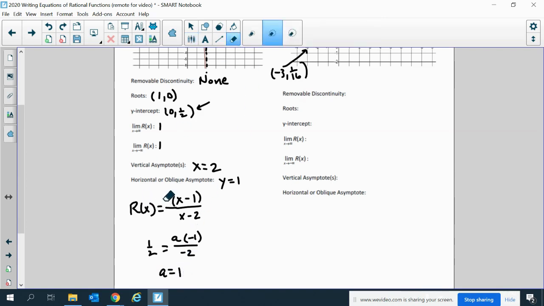If a equals 1, I don't really need to write it, and everything else seems to make sense. My horizontal asymptote would still be at y equals 1, and if I take the limit of this as it goes to infinity and negative infinity, I would get 1 because the powers of the numerator and denominator are the same, and the leading coefficients, 1 divided by 1, give 1. So the function that I want is x minus 1 over x minus 2.